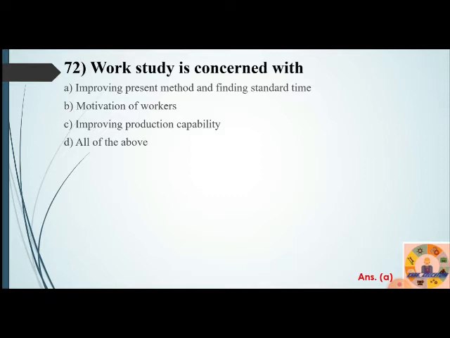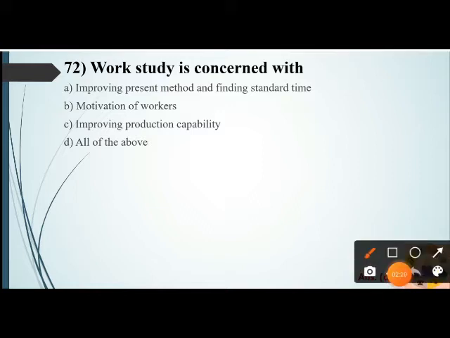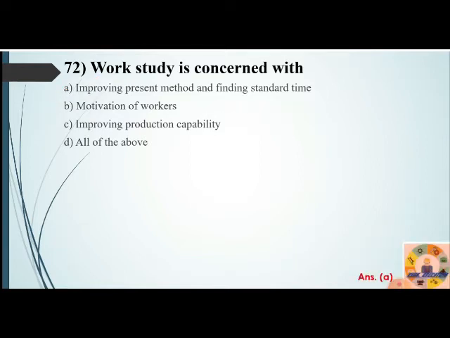The right answer for this question will be option A, improving present method and finding standard time, because we know the work study investigates the work done in an organization and aims at finding the best and most efficient way of using available resources such as men, material, money and machinery. So the right option for this question will be option A.